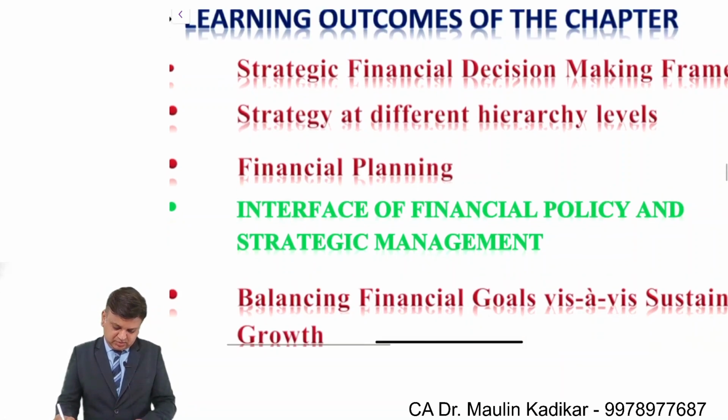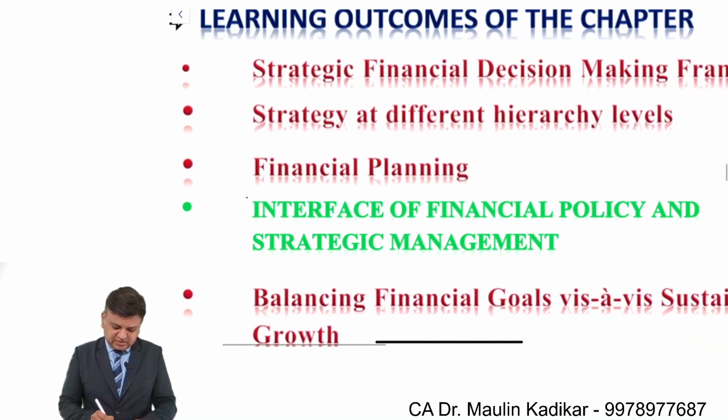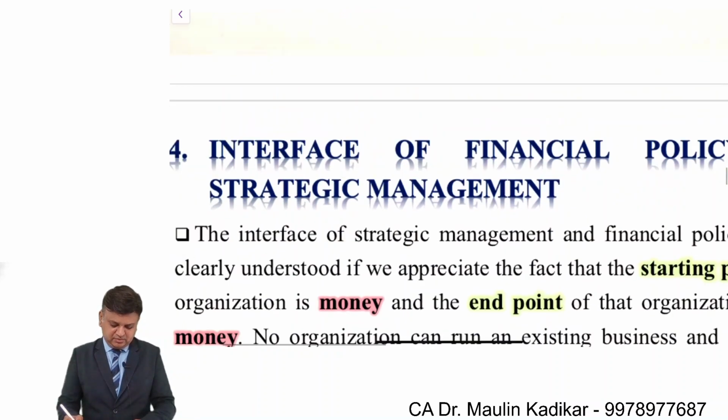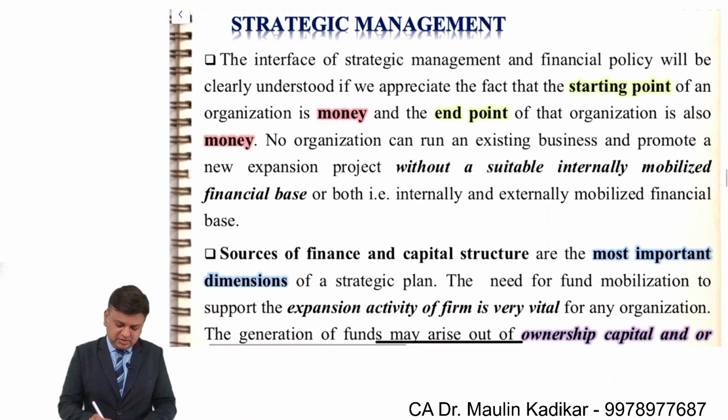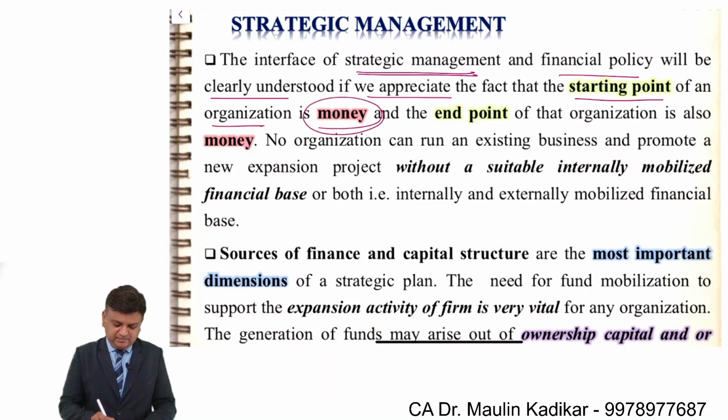Next, interface, the first slide again, of the financial policy and strategic management. The interface of the strategic management and the financial policy will be clearly understood if we appreciate the fact that the starting point of an organization is money and the end point of the organization is also money.